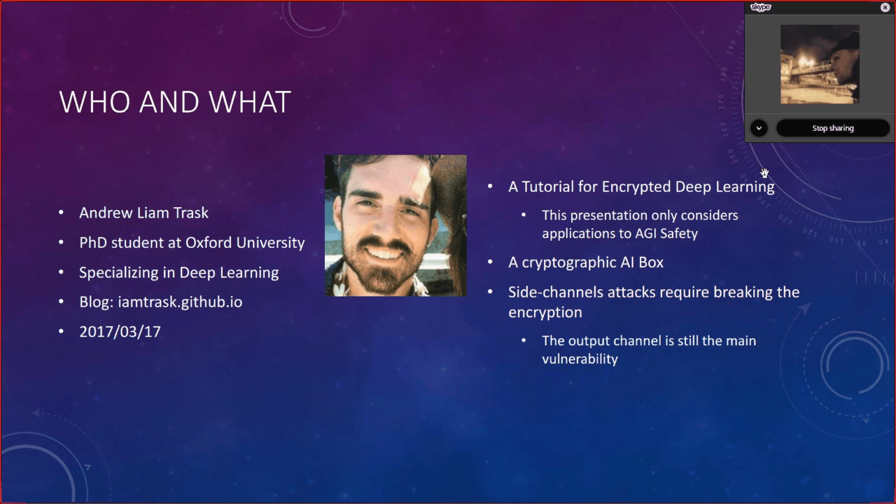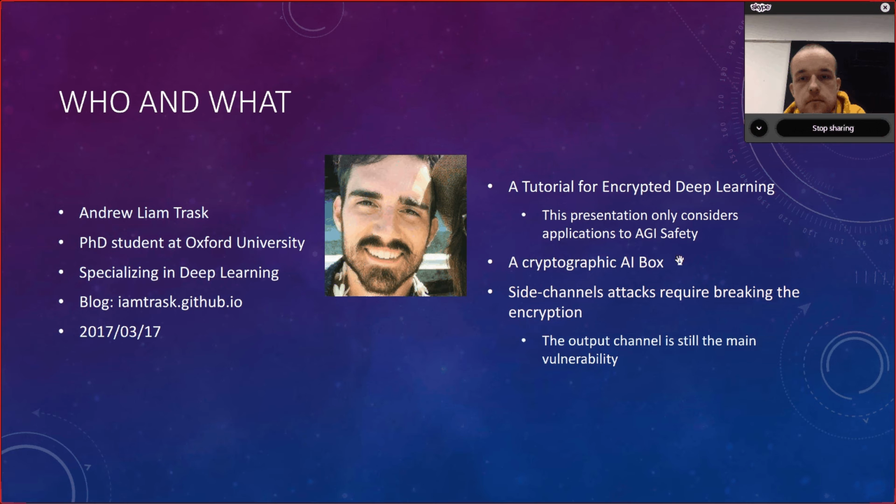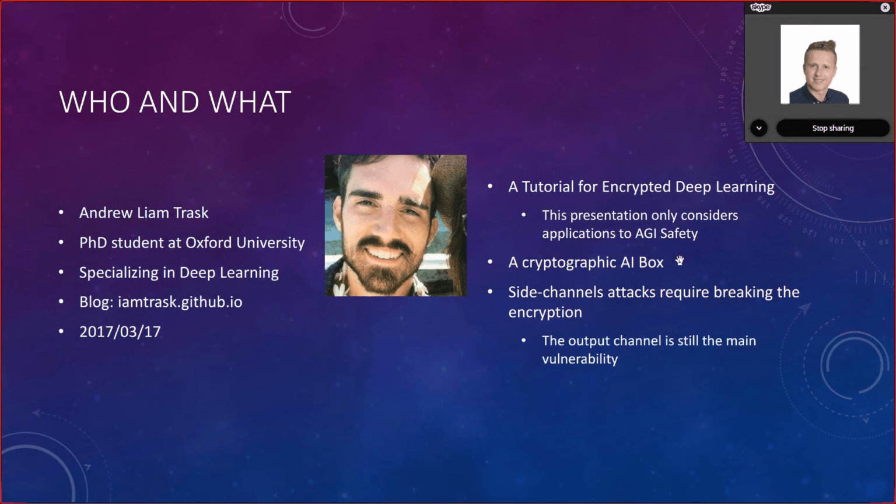The goal here is to make a cryptographic AI box. The classic way to control a superintelligence is to put it inside a box and only let it answer questions or have very limited impact on the world.